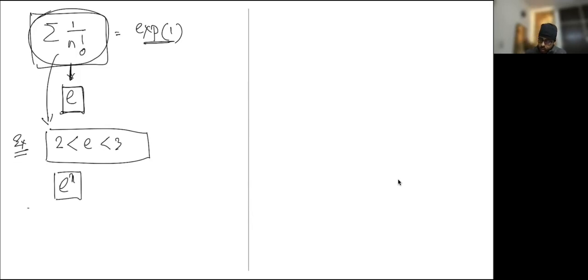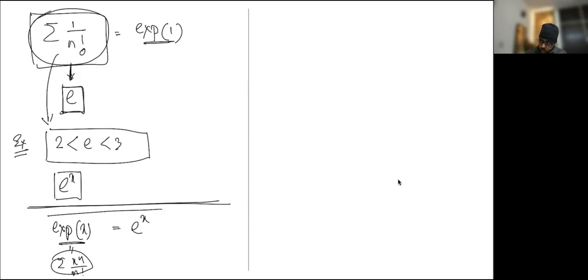So later on, we'll see that this number that we have talked about, which is the sum of this series, is in fact equal to this number. To be proved later.